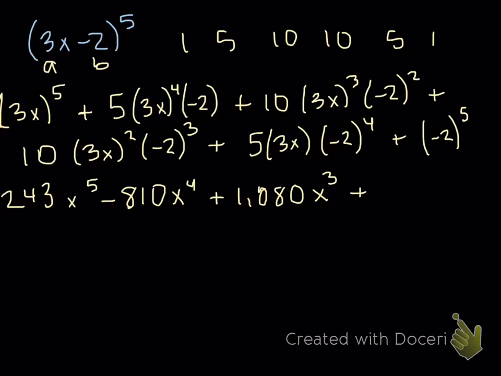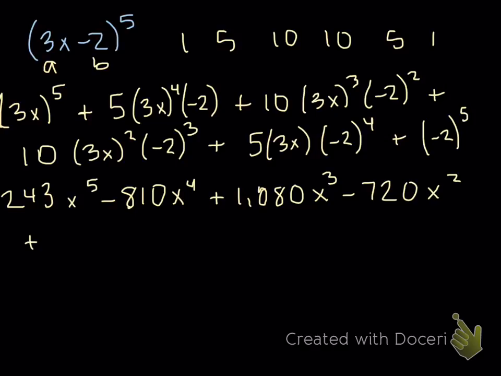Plus, okay, my next one, 3 squared is 9, negative 2 cubed is negative 8, so 9 times negative 8 is negative 72, times 10 is negative 720, so we're actually going to be minusing. And my x is raised to the 2nd power.